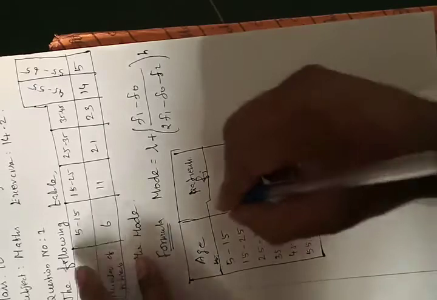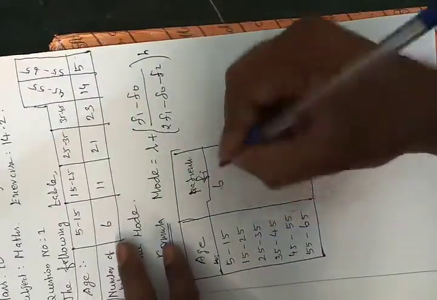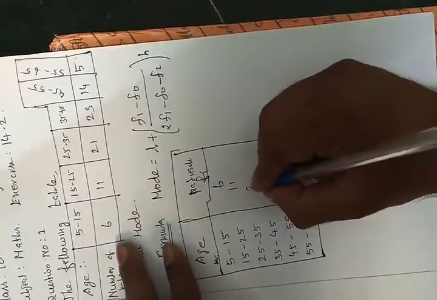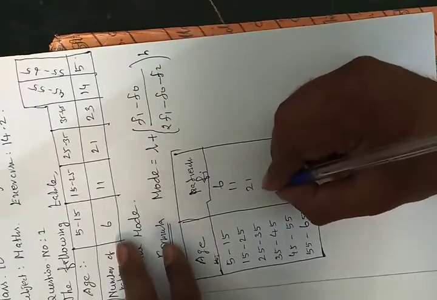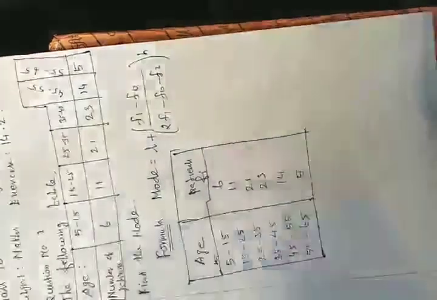Then fi, how many patients: 6, 11, 21, 23, 14, 5.